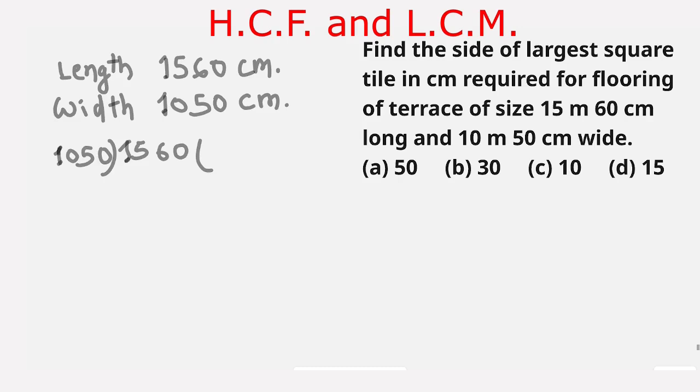We divide 1560 by 1050. It divides for one time. On subtracting 1050 from 1560, we get 510.